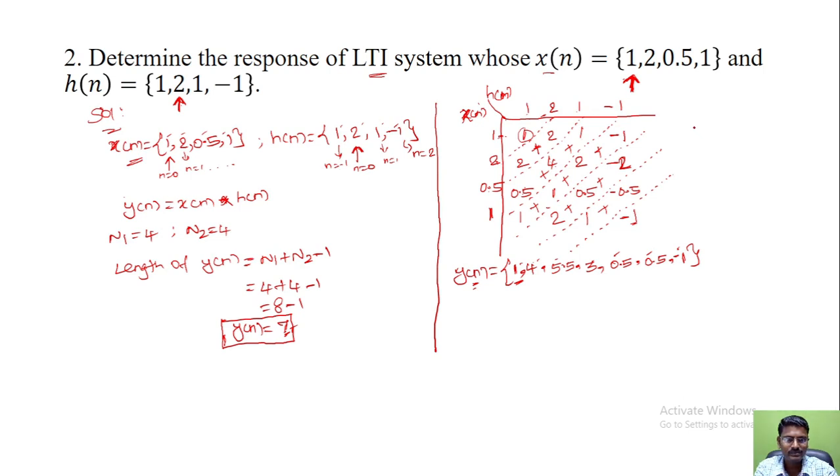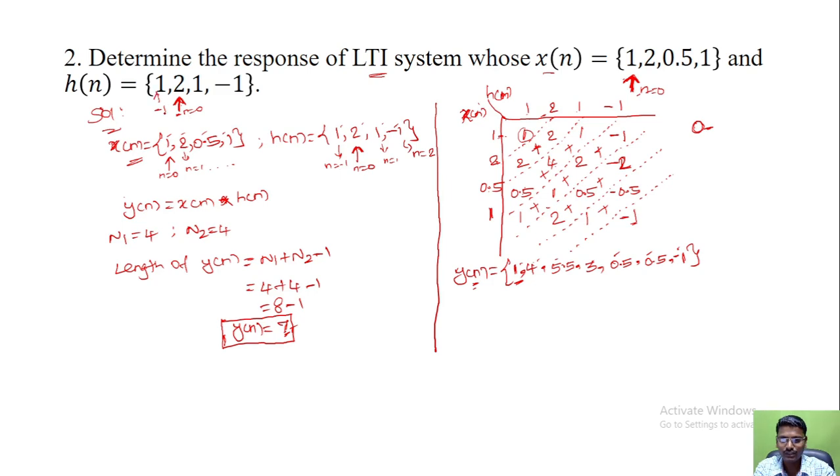That is, in x of n, this sample is the 0th sample, so I need to replace this with sample value 0. And in h of n, n equal to 0 means that it starts from minus 1.